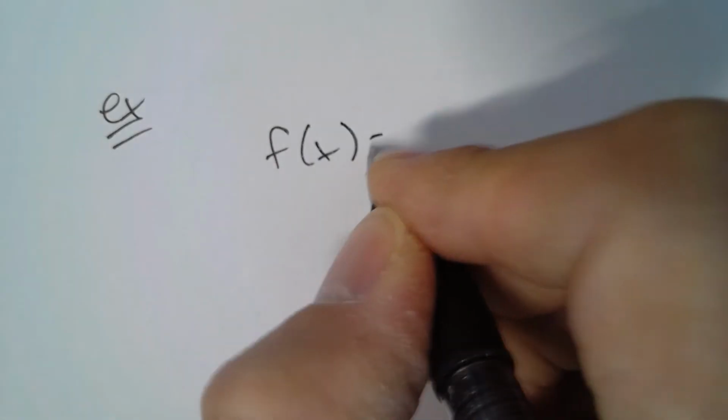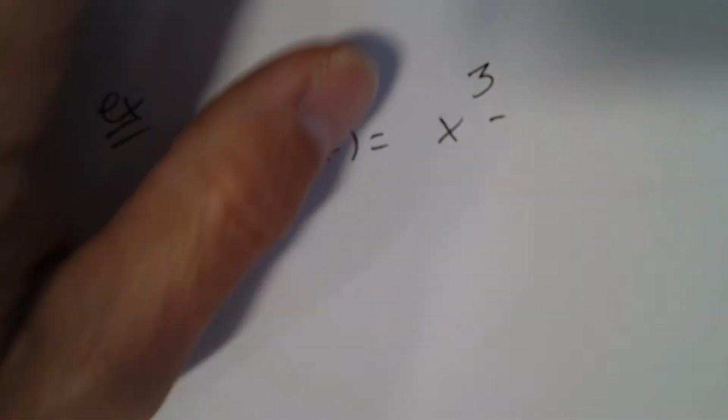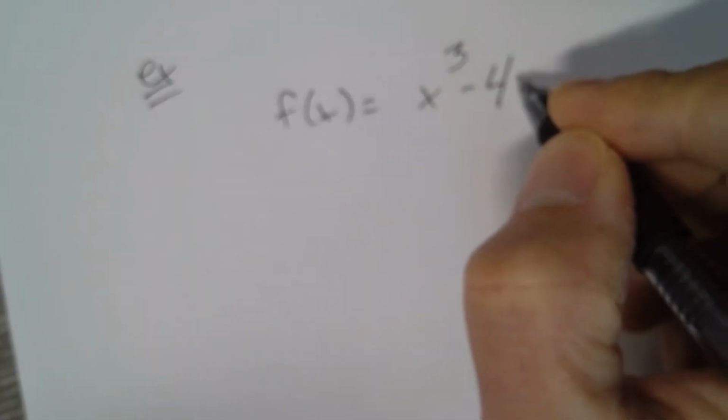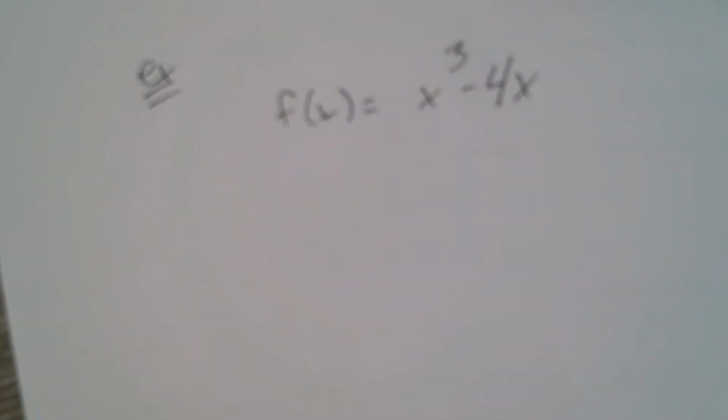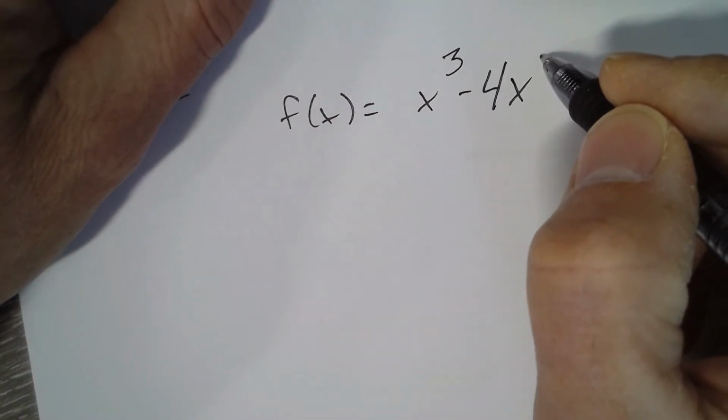So here's an example. f of x equals x cubed minus 4x squared.